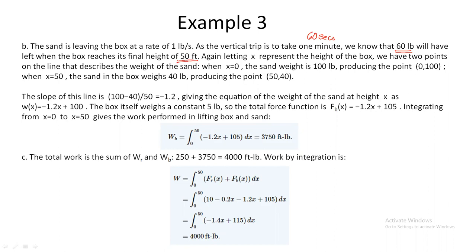Now again, letting x represent the height of the box, meaning at any particular level of the box from the base, as it is being pulled up, we have 2 points on the line that describes the weight of the box. So when x is 0, let's say for example, I'll just have again this illustration so you will understand. Let's say this is your box, and there you have this rope here.